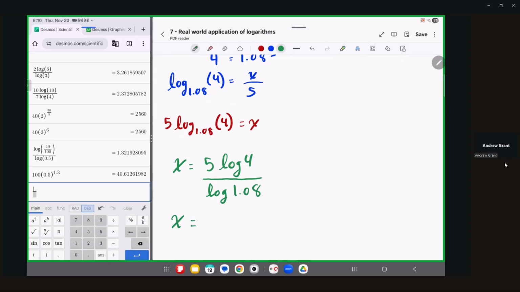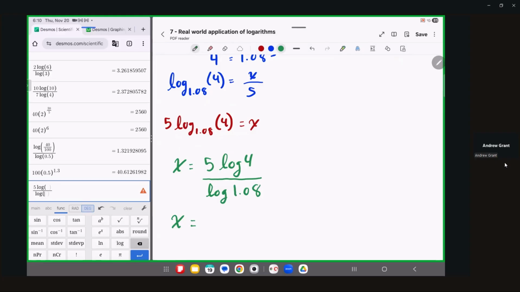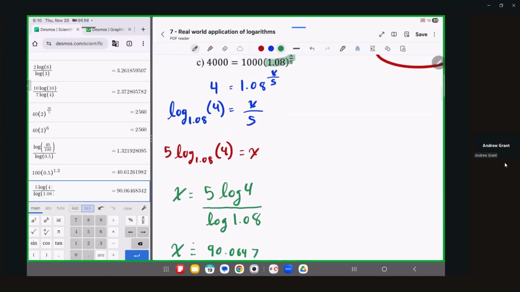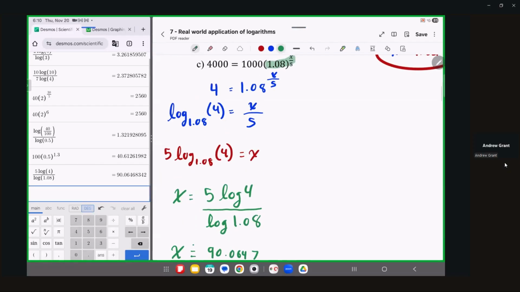And so typing that in, 5 log of 4 divided by log of 1.08, we get x is equal to 90.0647 after rounding.